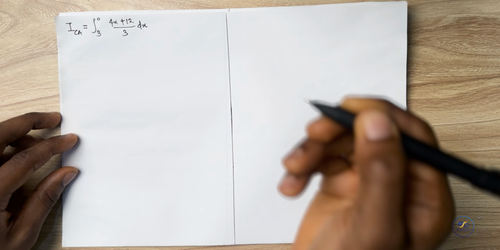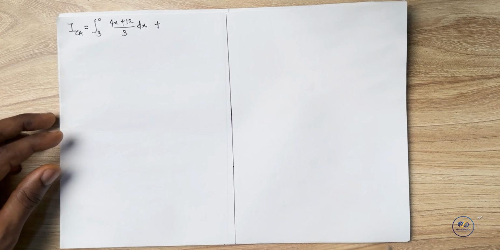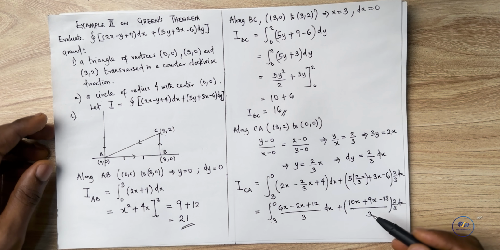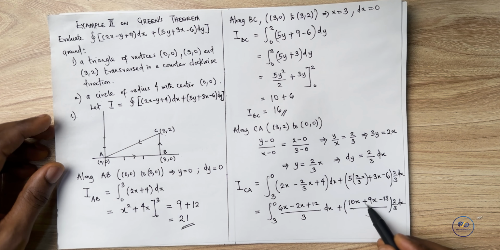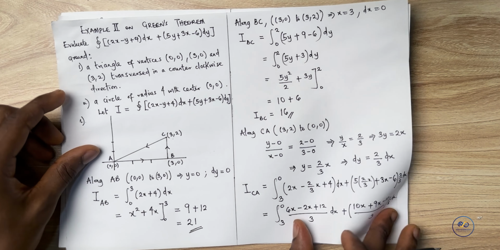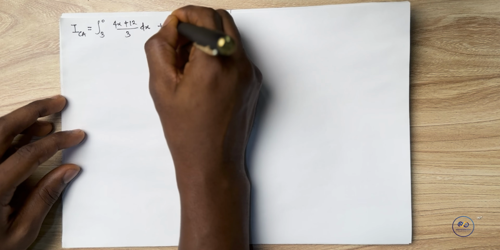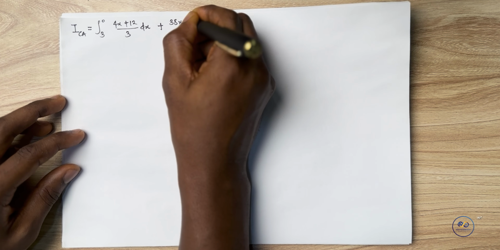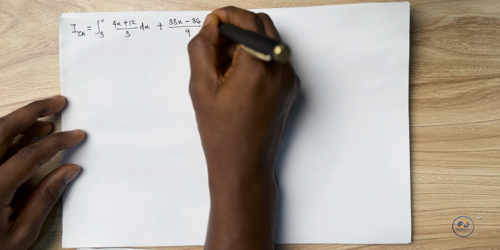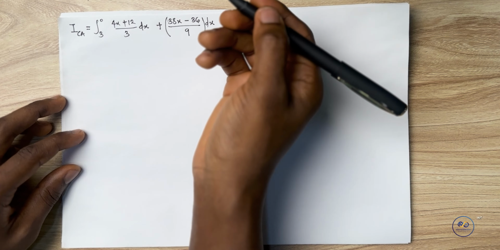And then on the other hand, do not forget that we have a 2 over 3 outside, which we would still have to expand. So this is 19x times 2, and then this is 18 times 2. So 19 times 2 gives us 38x minus 36 divided by 9 dx, right? So this is what we have.